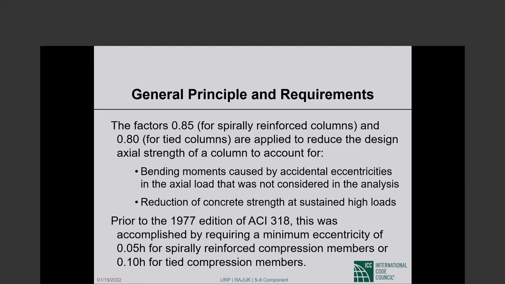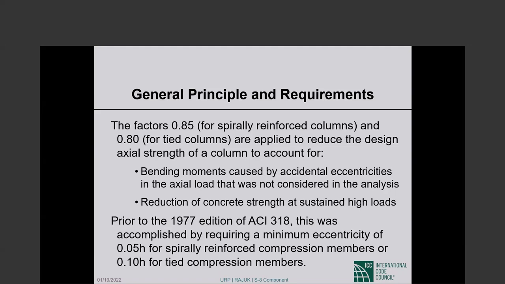I think I did mention on the first day when we were talking about material aspects that the strength of a material, or a structural member made of a material, increases the higher the rate of loading. Okay, if the load is applied at a high rate, high speed, then you will measure higher strength than if the load is slowly applied.